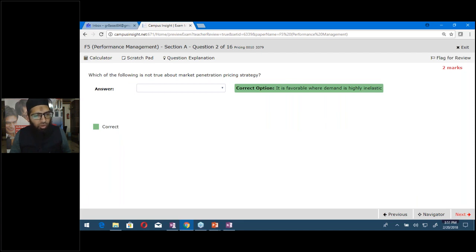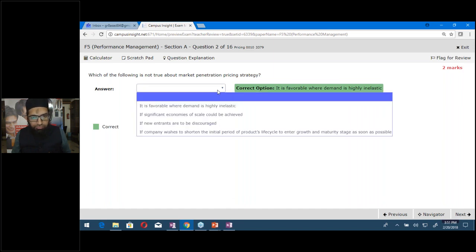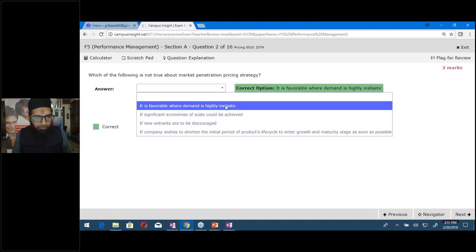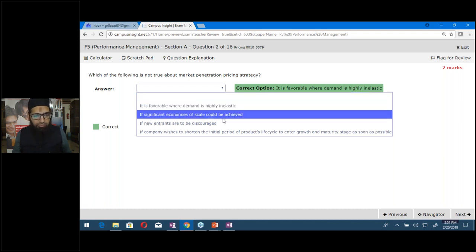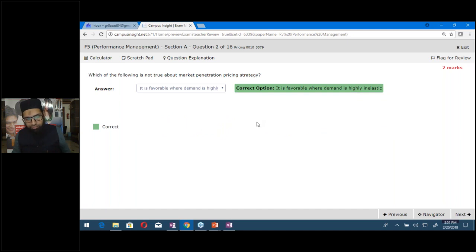Which of the following is not true about market penetration pricing strategy? So we have to identify the false answer. The answer is: it is favorable where demand is highly inelastic. This statement is false.